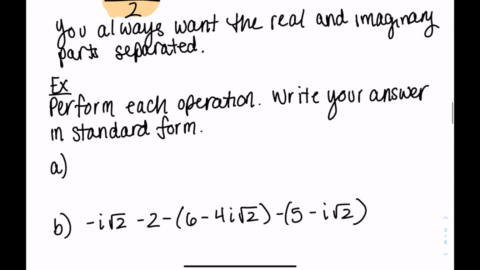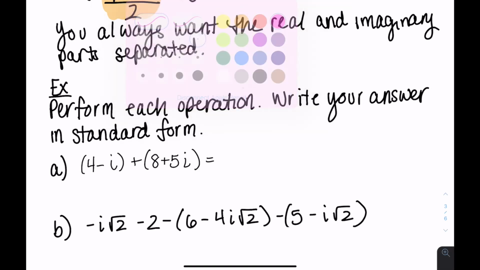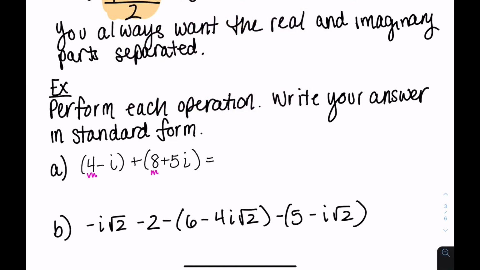So finally, let's go ahead and perform each of these operations and make sure our answer is going to be in standard form. So we're going to start with 4 minus i plus 8 plus 5i. I want to combine the like pieces. So here's my real part, 4 and 8.